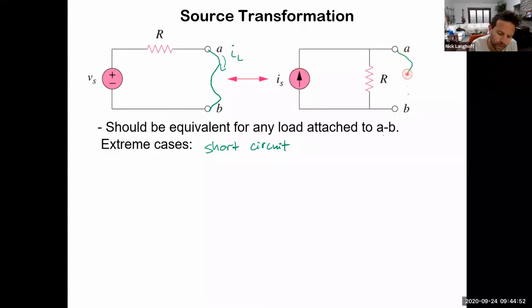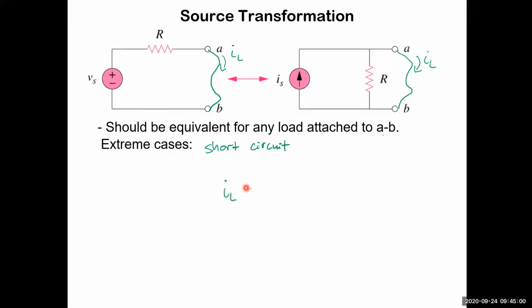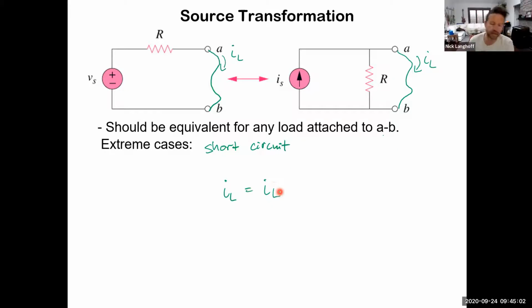If we were to do the same thing over on this circuit, the two currents should be the same, right? So IL really should equal IL, if this is to be truly an equivalent circuit as seen by the load.